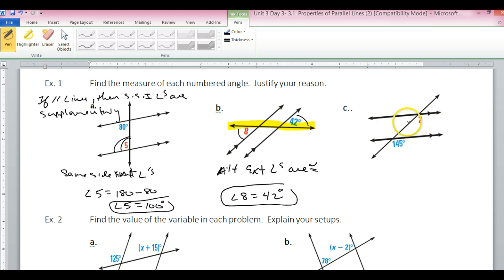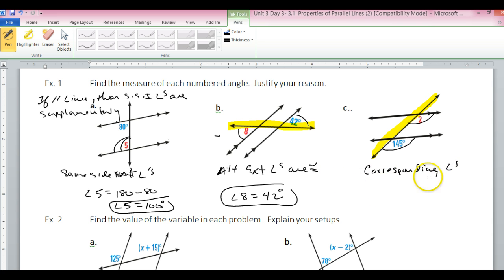Now angle 2 and angle 1, the 145 degree angle. When you look at those, first identify that both of them are on the same side of the transversal, one interior, one exterior, and they are non-adjacent. That means they're corresponding angles. What do we know about corresponding angles when lines are parallel?